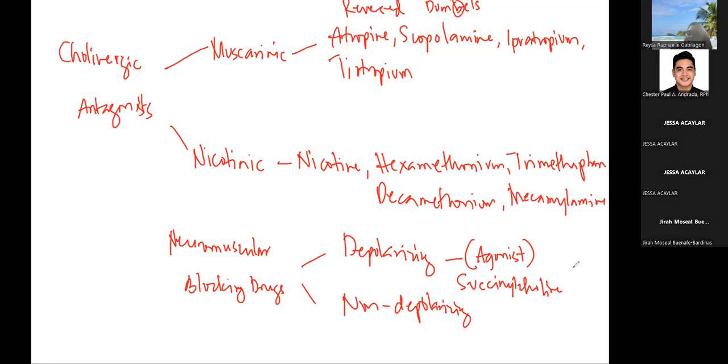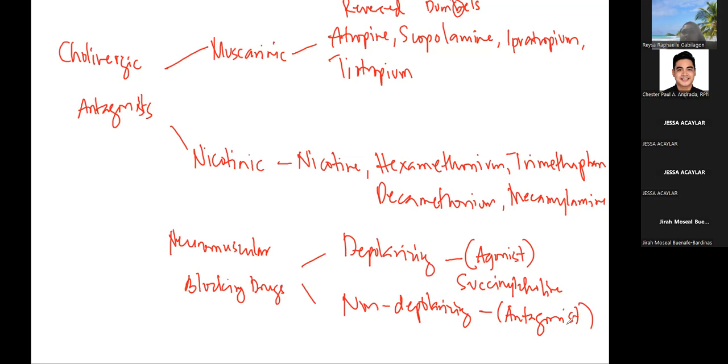Okay? And then our non-depolarizing agent, this is the true antagonist. It will really block the action of acetylcholine in the nicotinic receptors found in the neuromuscular junction. So after binding to it, there will be relaxation of the muscles, starting from the small muscles of the face, and the last to relax will be the diaphragm.